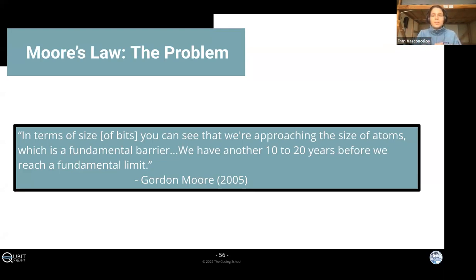There is a fear, and we're now starting to see, that we're no longer really following this exponential growth. Our ability to continue scaling classical computers is starting to hit a limit, and we need a new way forward to continue speeding up our computers.